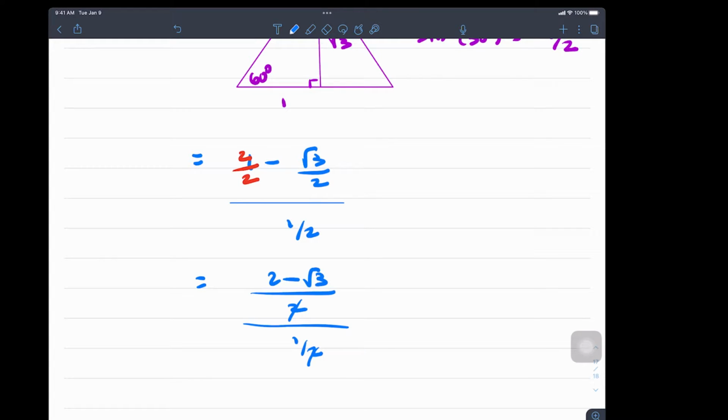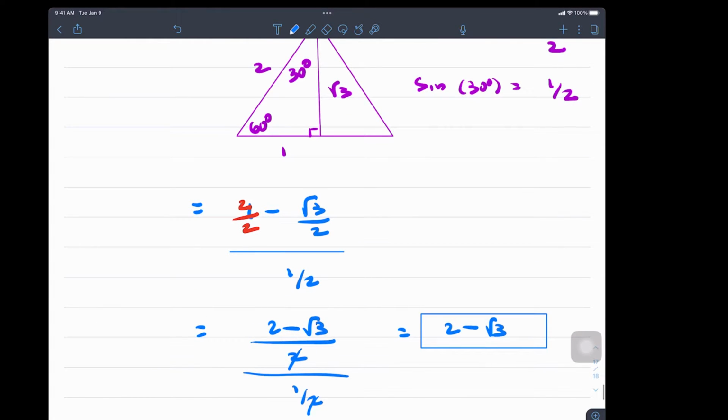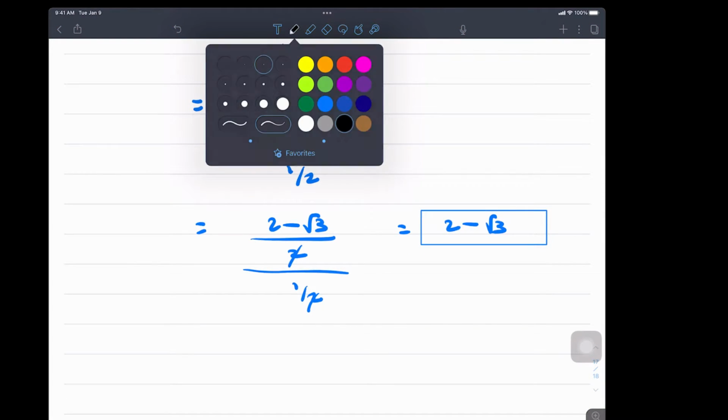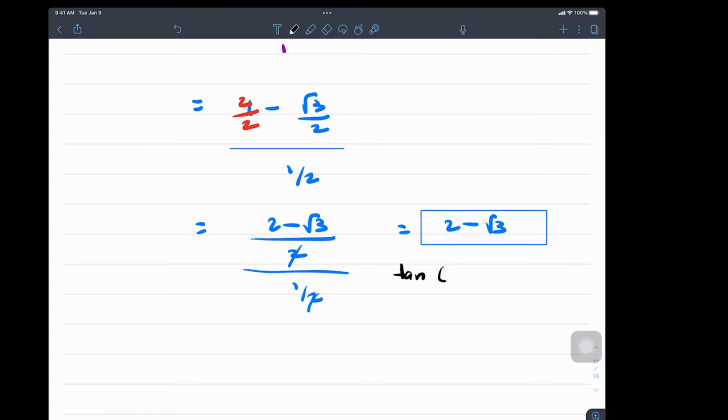And then these 2's go away, right? So it's simply 2 minus the square root of 3. And I'm not sure why that rings a bell, but it does. Oh, I know why. Because remember what we did to get this answer before? I think we did the difference formula. Remember that one? Came from the difference formula. Easy breezy, lemon squeezy. That was the difference formula because 45 minus 30, and we've seen that one. That's what I'm saying. 2 minus the square root of 3 looks very familiar to me.